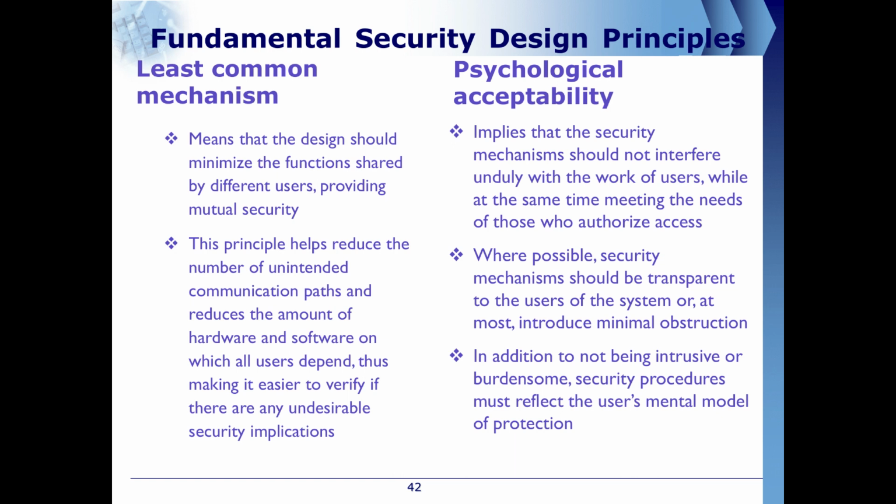Psychological acceptability implies that the security mechanisms should not interfere unduly with the work of users, while at the same time meeting the needs of those who authorize access. Where possible, security mechanisms should be transparent to the users of the system, or at most introduce minimal obstruction. In addition to not being intrusive or burdensome, security procedures must reflect the user's mental model of protection.